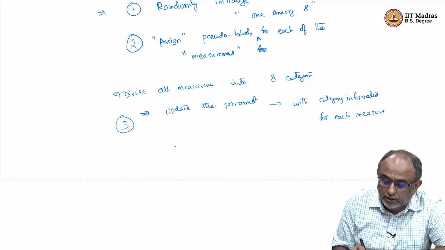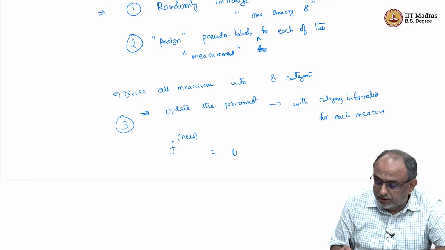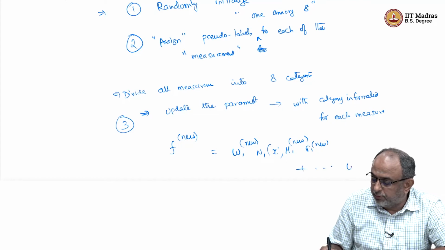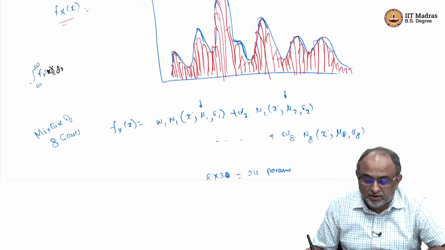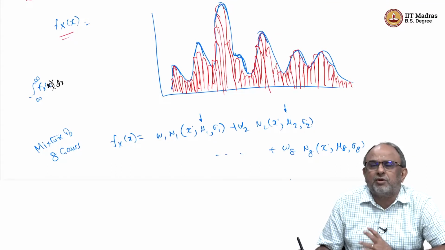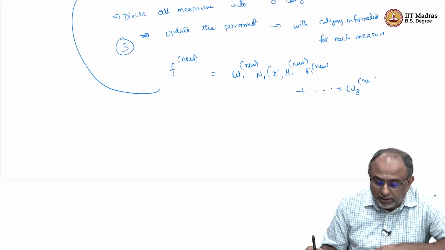So, now I will get an updated f new, because it will be w1 new N1(x; mu1 new, sigma1 new) plus all the way up to w8 new and so on, and then I will repeat the step again. I can generalize it not only for 2 Gaussians, but for 8, 16, 32, whatever you want, and if I can do it for one variable, I can do it for multiple variables.